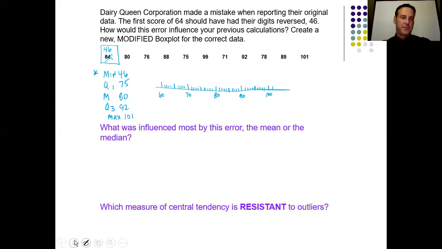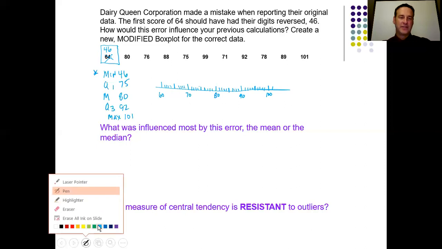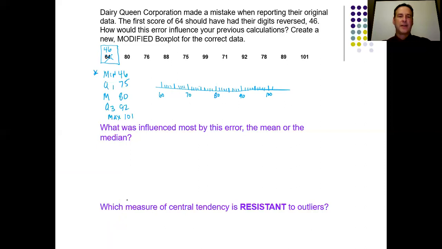So here's the deal. If you have an outlier, you're going to have to treat this a little differently. Everything's going to look the same except for the outlier. So I'm going to make my 101 still a line like that. I'm still going to put 92 with a vertical line like that. 80, untouched. 75, still here.